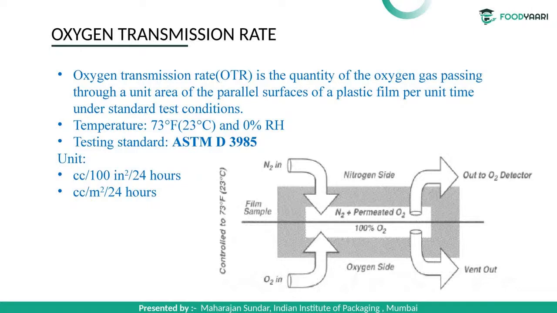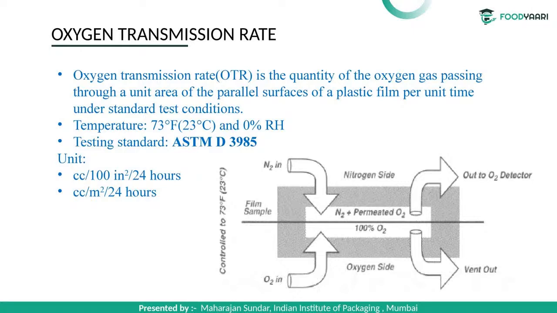That is the proper definition as per the standard ASTM D3985. But in layman's language, it is the amount of oxygen gas permeating through a particular film under the test conditions for 24 hours. Here it is mentioned as per unit time; in this case, it is 24 hours.